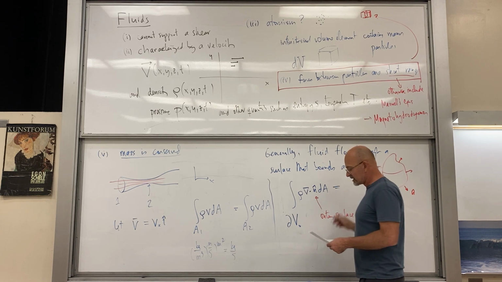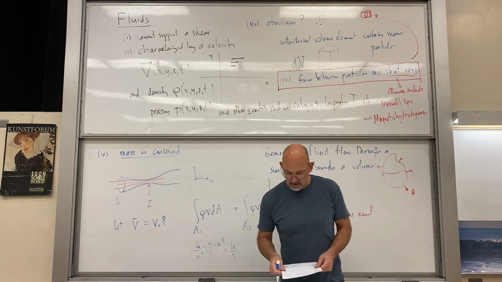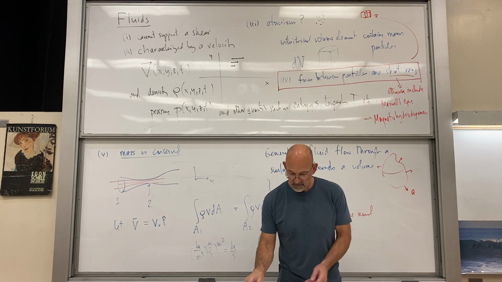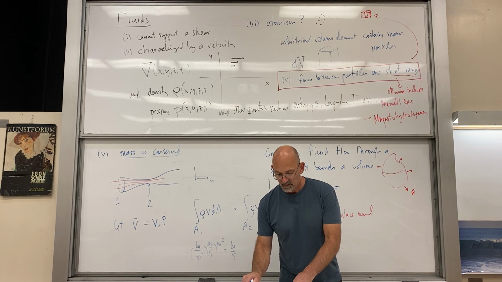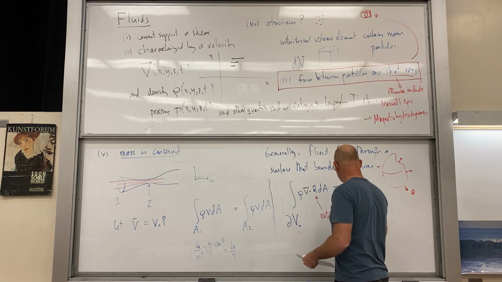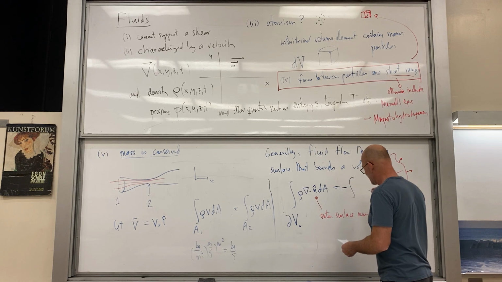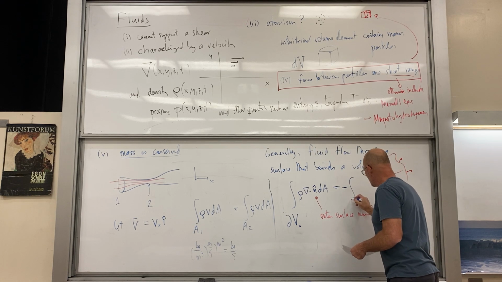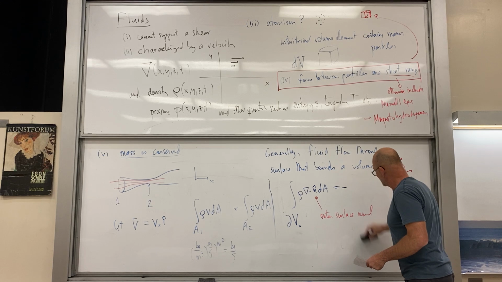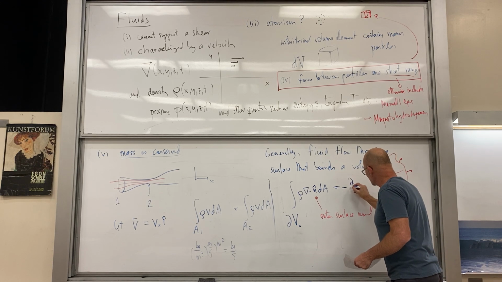On the other, I think I'll use this equation here. This is minus the integral. In fact, we've got room here. I'll write it down and then we'll explain it.